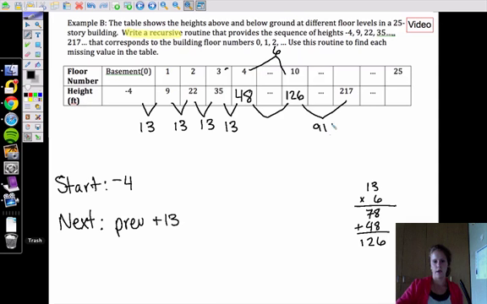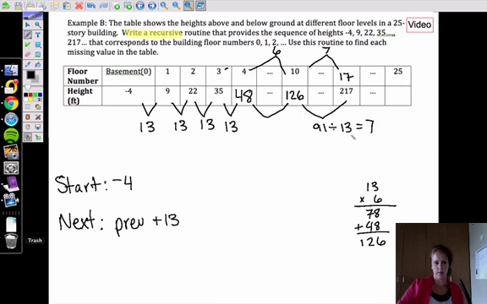And if I divide that, I'm thinking by 6, oh, not by 6. I don't have 6 floors anymore. Divide that by 13 because I know that there's 13 feet in each of these floors that we're moving up. That gives me 7. That doesn't mean I'm on the 7th floor. That means I need to add 7 floors to this 10, which will put me on the 17th floor.